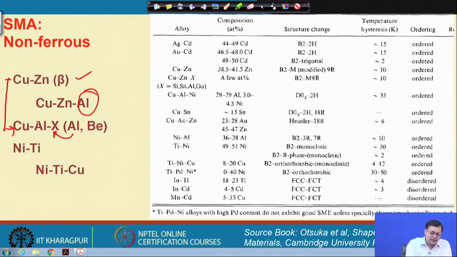Here it is actually a copper-nickel-aluminium system, and the third system is nickel-titanium, where nickel-titanium-copper is also another system. So, all these we will go into detail, and let us try to understand this matter.